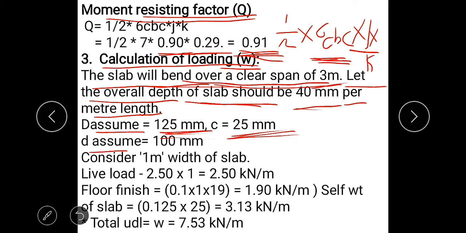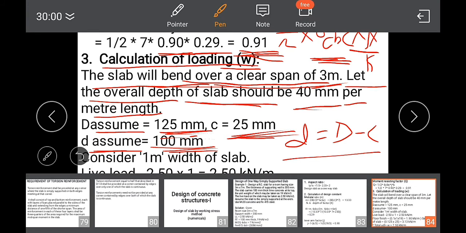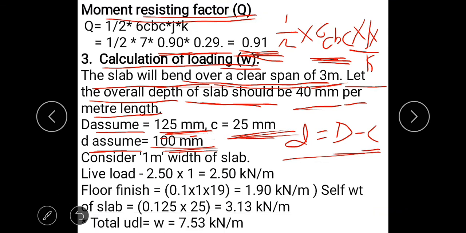So small d means 125 minus 25, which is 100 mm. Small d equals capital D minus cover. So small d is equal to capital D, 125 minus 25. Here the answer is 100 mm.